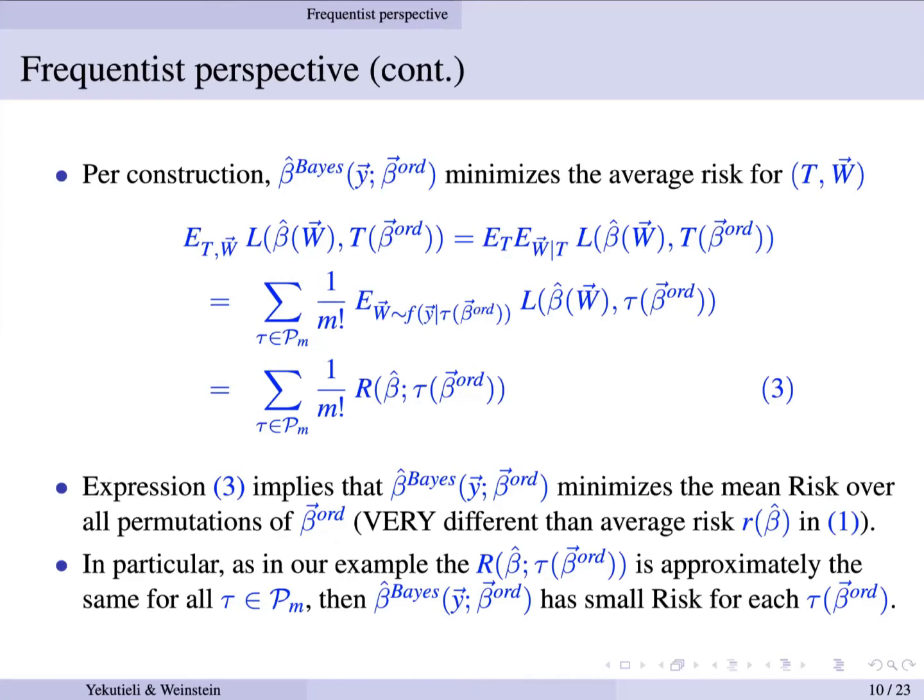But it's a linear model. You have to agree with me that if I change the ordering of beta, I can do the same thing by fixing beta and changing the ordering of x's, right? But all the x's are the same. So that means that the risk will change a little if I change the orderings of x. But if it's a very big vector of 4,000 x's, they all look about the same. They're exchangeable.